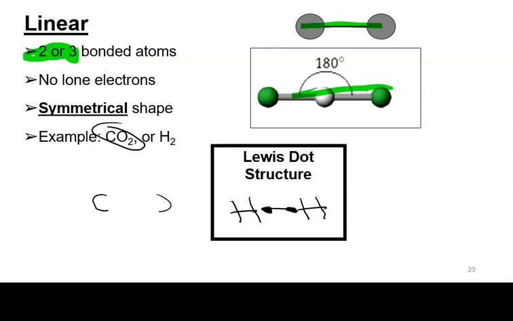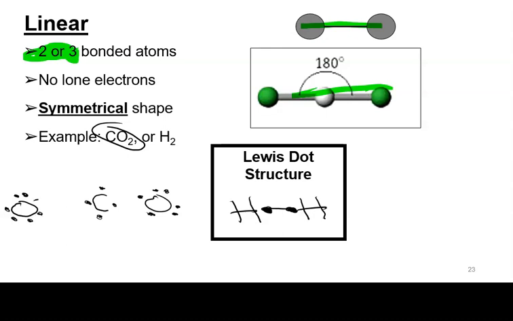So I'm going to draw the O's. And then I'm going to start filling in those valence electrons. 1, 2, 3, 4, 5, 6, 1, 2, 3, 4, 1, 2, 3, 4, 5, and 6.